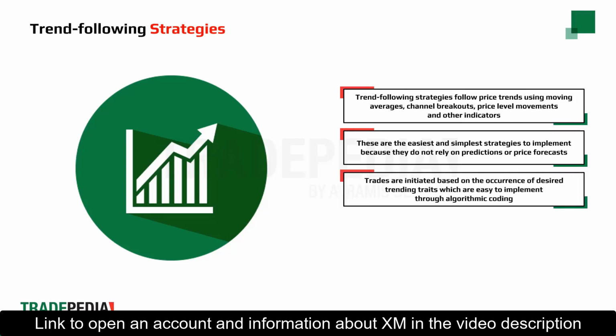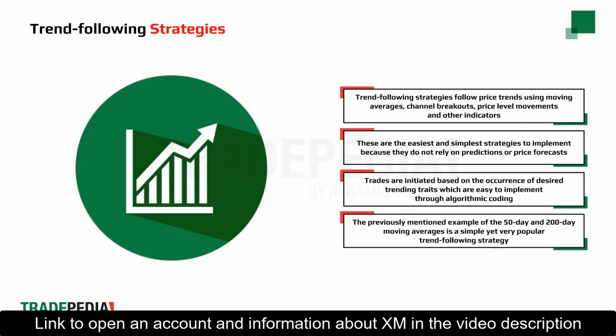Trades are initiated based on the occurrence of desired trending traits, which are easy and straightforward to implement through algorithmic coding without getting into the complexity of predictive analysis. The previously mentioned example of the 50-day and 200-day moving averages is a simple yet very popular trend-following strategy.